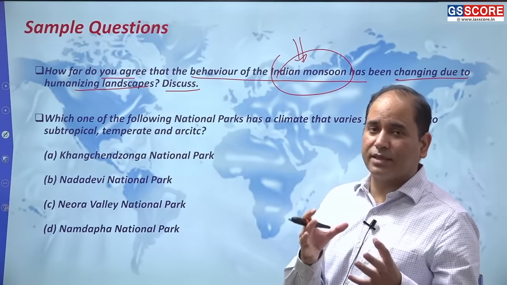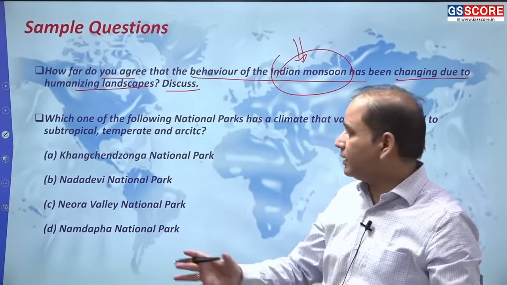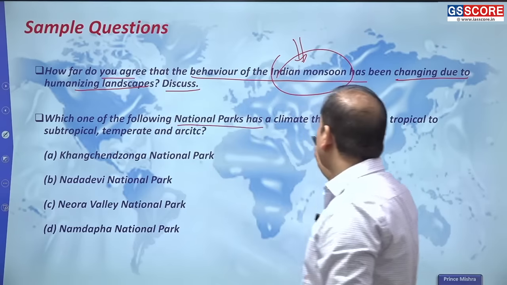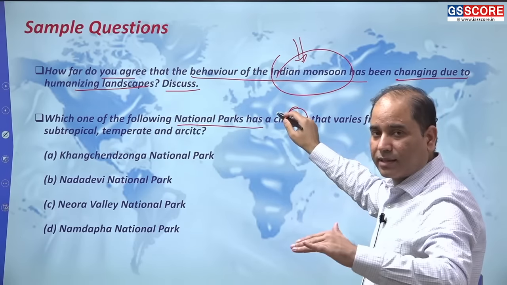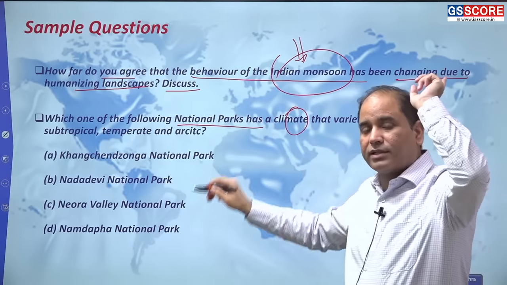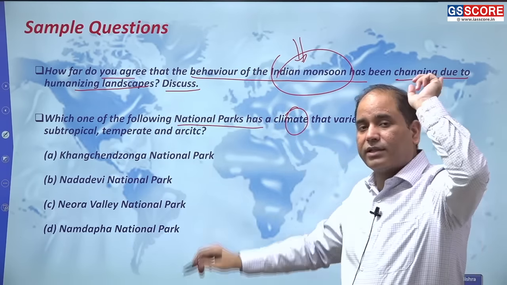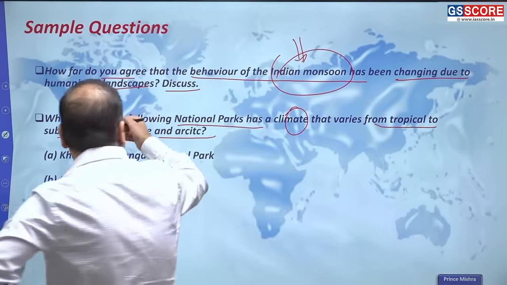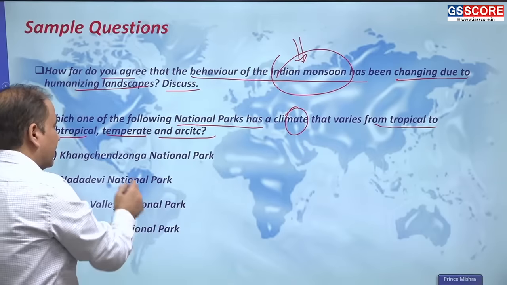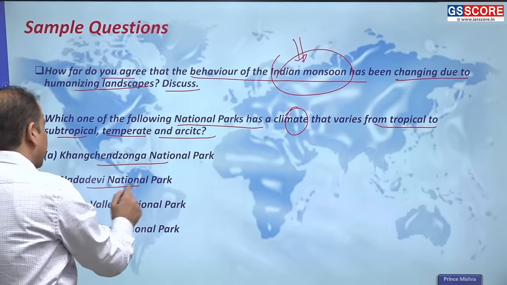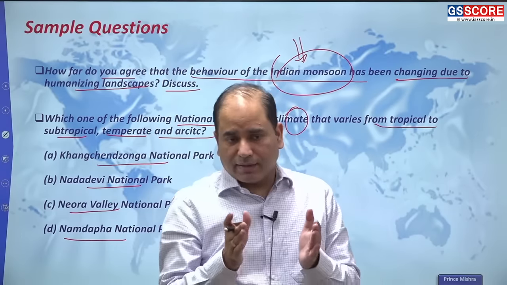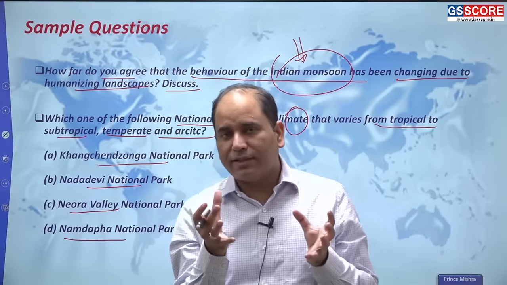Now, in prelims, how are the questions asked? Questions can sometimes be mixed up from the climate and some other area. That is why I have put up this question. Just go through it. Which one of the following national parks has a climate? So primarily it is asking about the climate. It is checking your climatic classification knowledge that you have gained, that varies from tropical to subtropical to temperate and arctic. So how the climatic variation is being witnessed, like in Kanchenjunga, in Nanda Devi, in Neora Valley, in Namdapha. So it is first of all checking your locational knowledge.